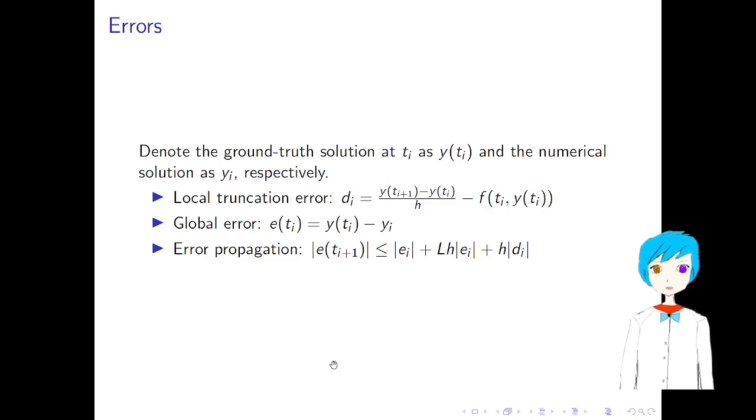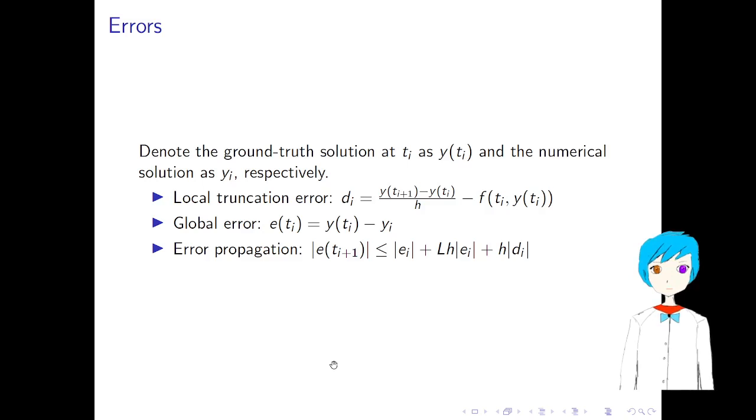So this is the local truncation error for the forward Euler method. The global error is defined as e(t_i) equals y(t_i) minus y_i. So we have this error propagation formula for the forward Euler method.